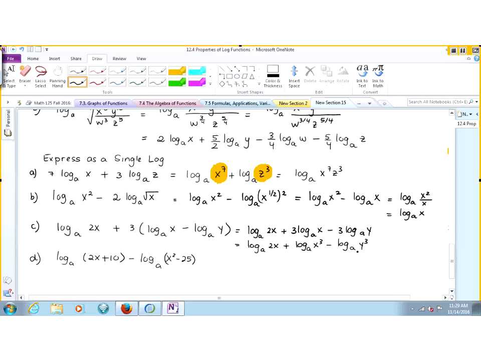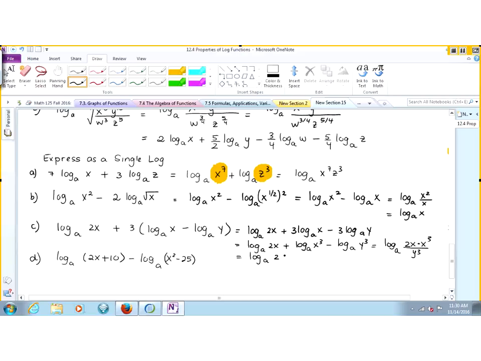Now you could write it as a single log. After all the exponents are taken care of, then we could write it as a single log. So what is this? Log base A of 2x times x cubed over y cubed. Well, can we simplify a little more? What is 2x times x cubed?